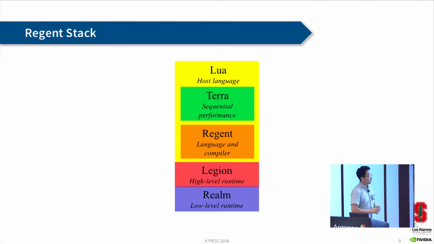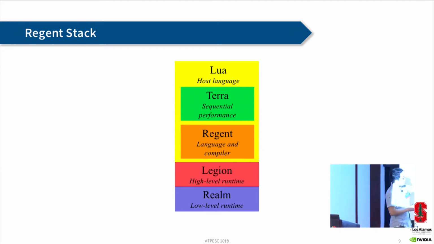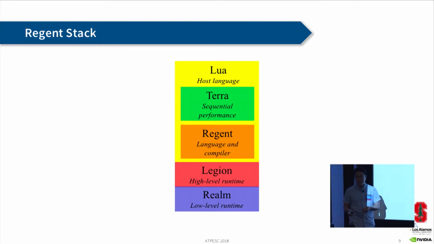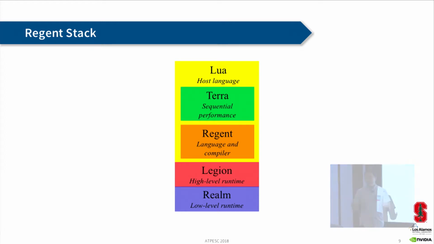Okay? So this is how our software stack looks. At the very bottom, we have Realm, which is an abstraction layer for different kinds of hardware. Realm can abstract different types of processors, memories, or interconnects in a uniform way so that the layers above can ignore the differences between hardware.